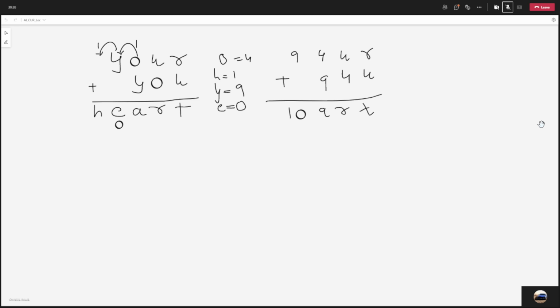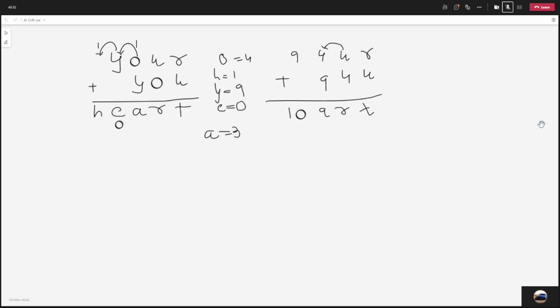Now the value of a. Some people would directly say that the value of a equals 3. The first thing we need to consider over here is that I always consider what if there is a carryover from this place to this.